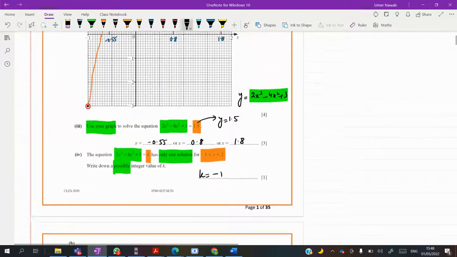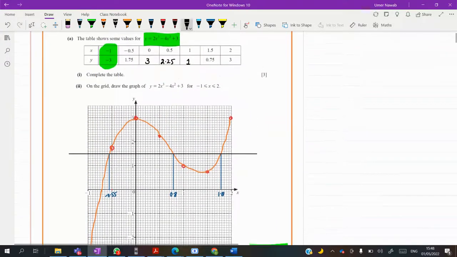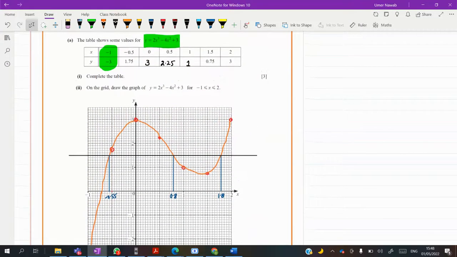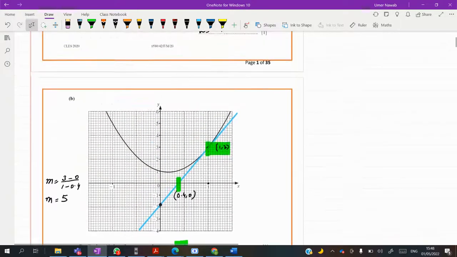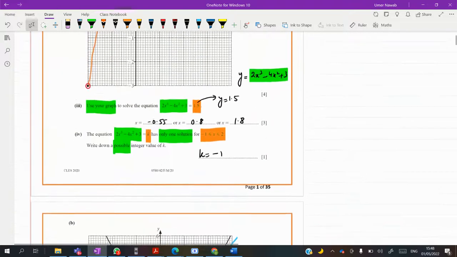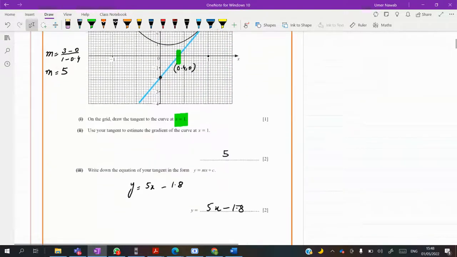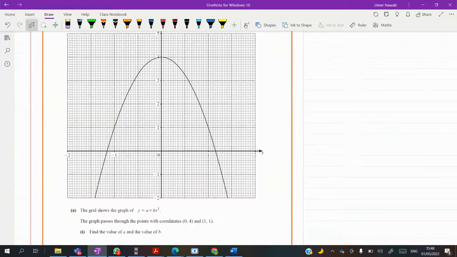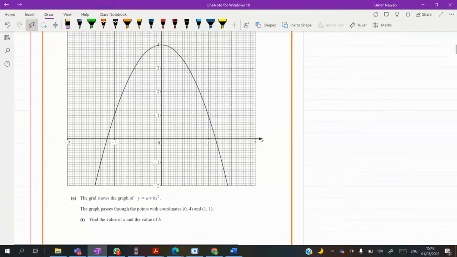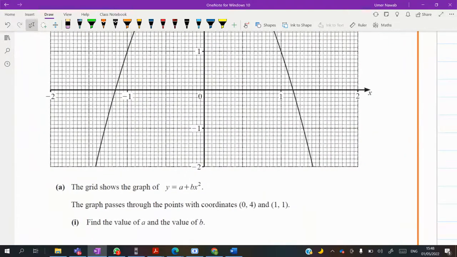So this is the first question in which the table was provided, and I have drawn the curve, and with the help of the curve, boys, I found some answers to the questions. Now the second question, if you look at that, it's a parabola curve, and the face of the parabola is down.